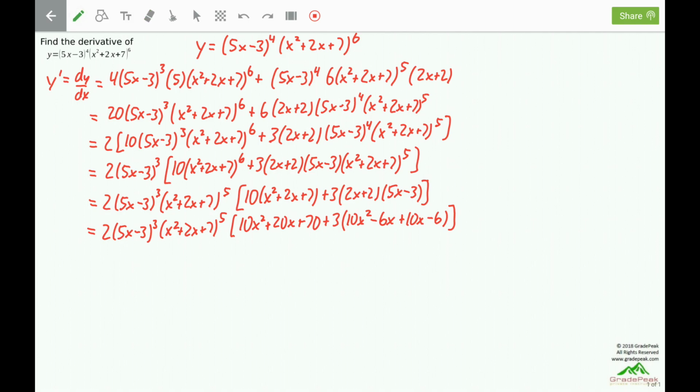The next thing we're going to do here is distribute the 3 into all of that.